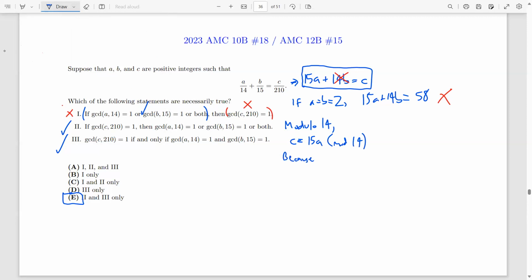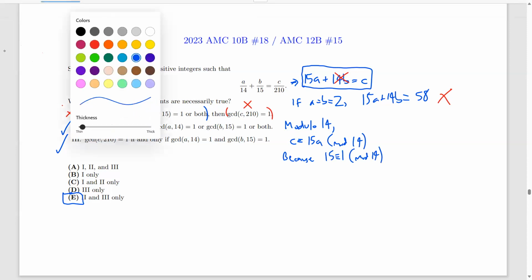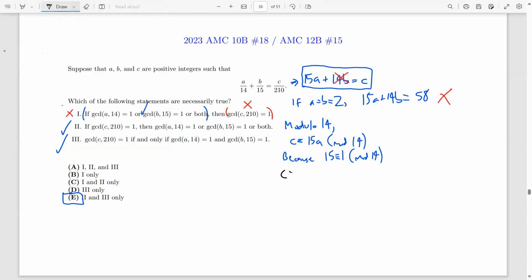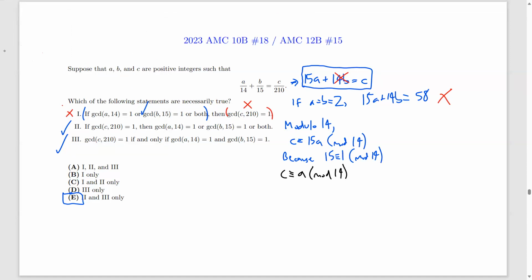Moreover, because 15 is congruent to 1 mod 14, I can simplify this a little bit further and state that c is congruent to a mod 14. Now, what does this mean? This means that for any integers a, b, and c such that this equation is true, c has to be congruent to a mod 14.